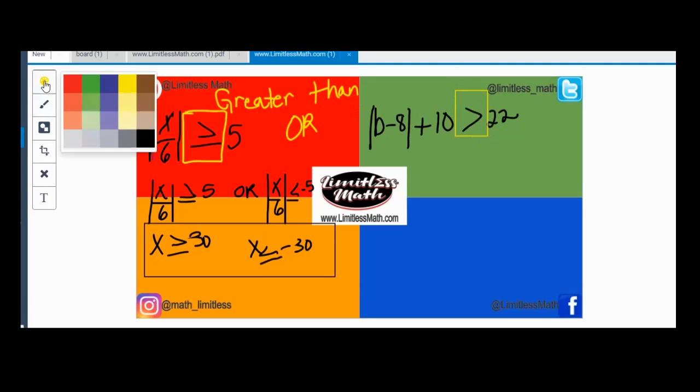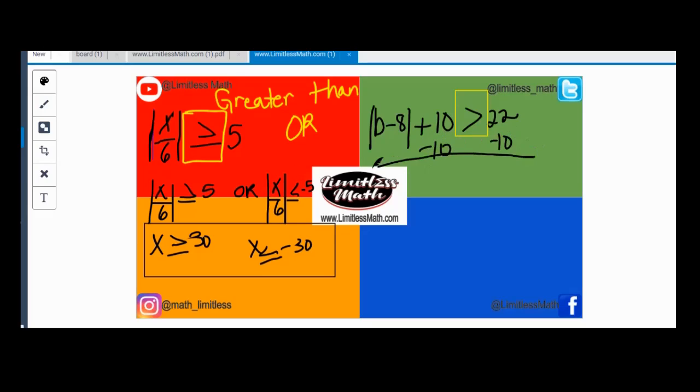However, before I set this up as a compound OR, I am going to isolate the absolute value because it's not alone this time. That 10 is there. So let's subtract 10 on both sides. Absolute value of b minus 8 is greater than 12. Now we're ready to split it out into the two pieces.